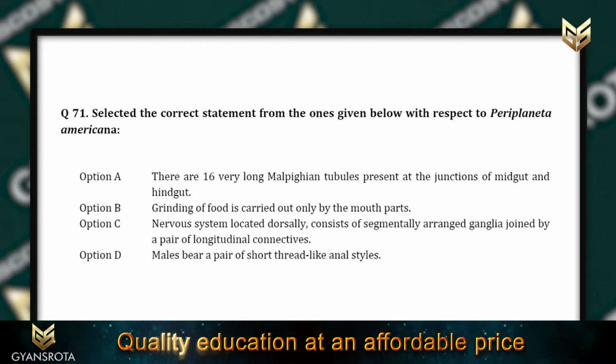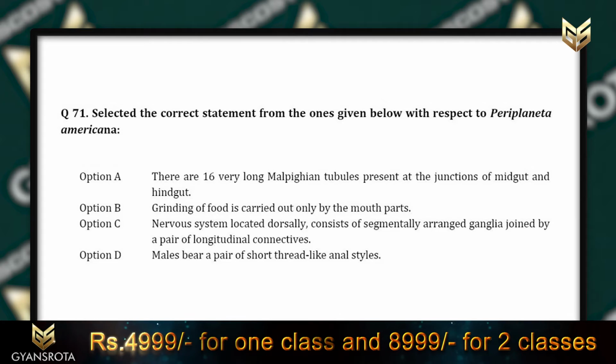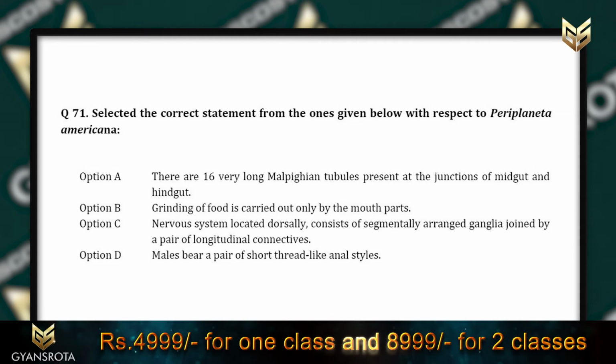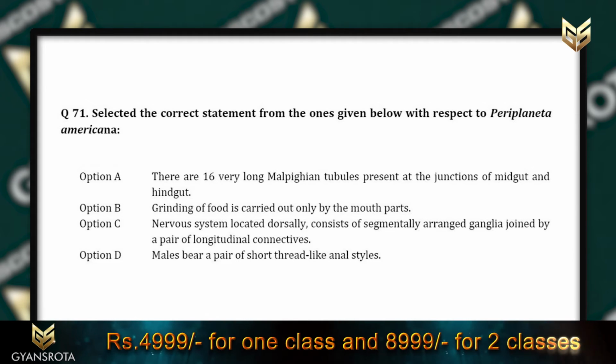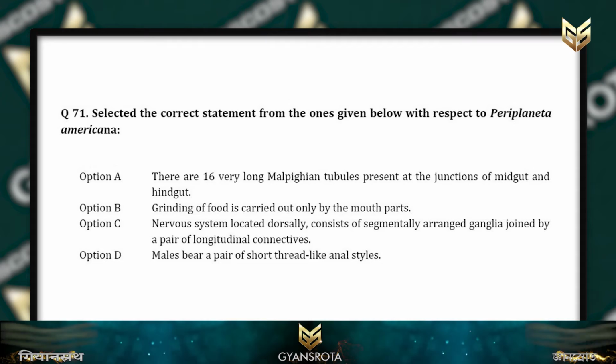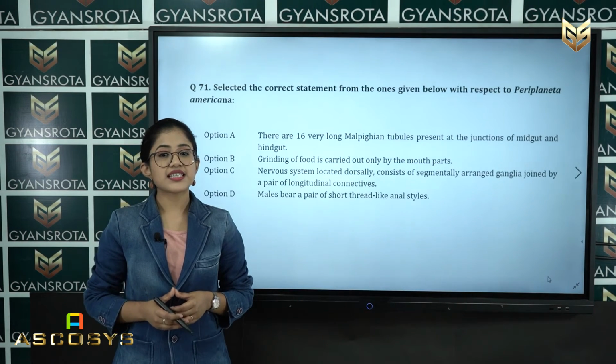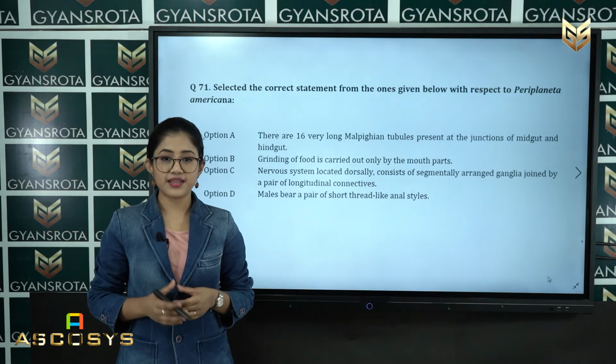Option number C, nervous system located dorsally consists of segmentally arranged ganglia joined by a pair of longitudinal connectives. And option number D, males bear a pair of short thread-like anal styles. This is from the chapter structural organization in animals.